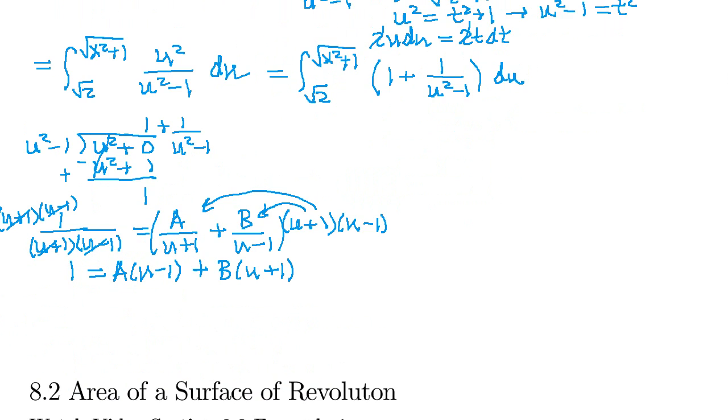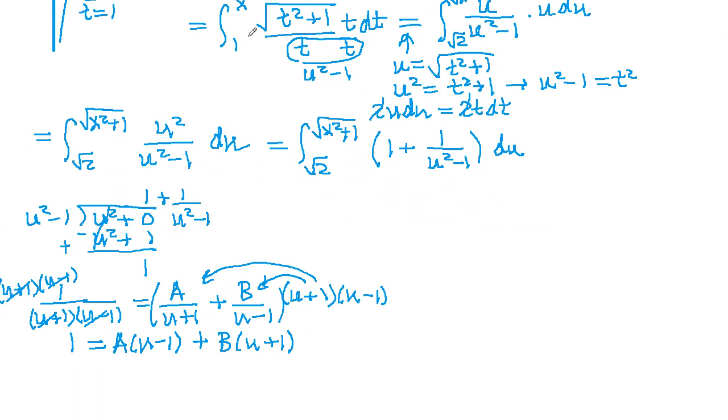So pick some values here of u, and we want to pick our denominators. So if u is equal to 1, we get 1 equals, here 1 minus 1 will be 0. That first term drops out. 1 plus 1 is 2, 2b. So our b is 1/2. u is equal to -1 is the other 0 for denominator.